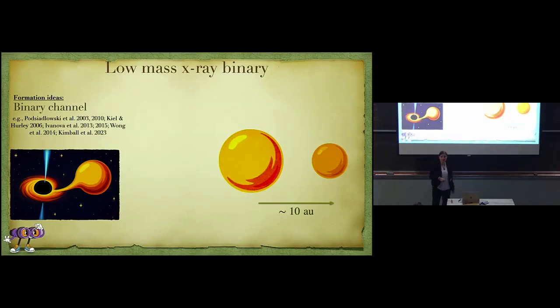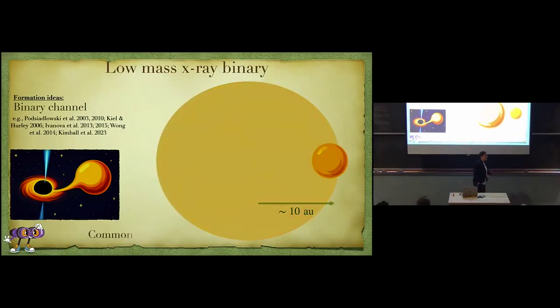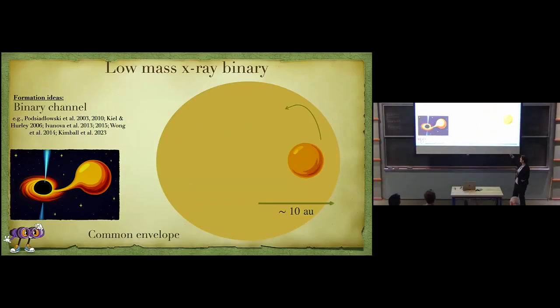And then what happens is that as the massive star expands due to post-main sequence evolution, we enter the common envelope stage that usually shrinks the orbit of the low mass star inside. I'm going to describe it in a very heuristic way.